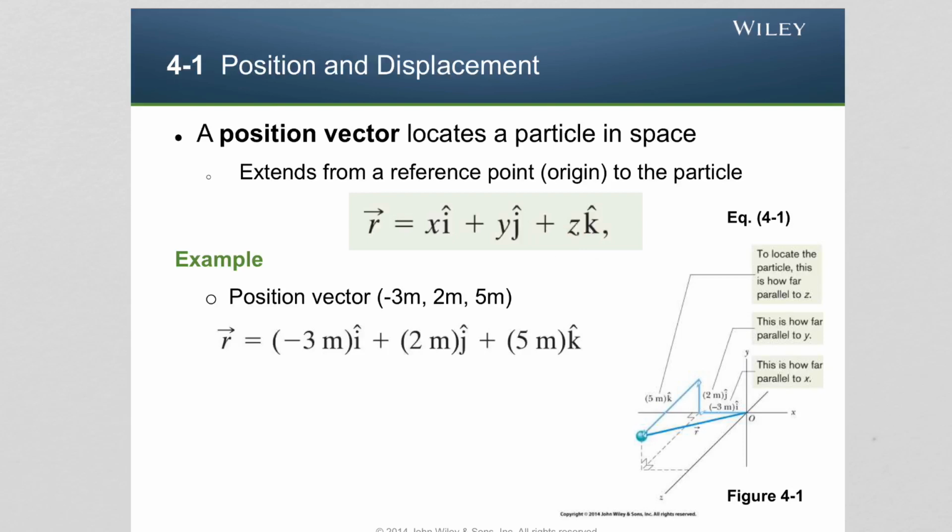So for example, the position vector that defines a point with coordinates -3 meters, 2 meters, and 5 meters is shown in the figure right here. So this is the position vector r with an x coordinate -3 meters right here, a y coordinate 2 meters right here, and a z coordinate of 5 meters right here.